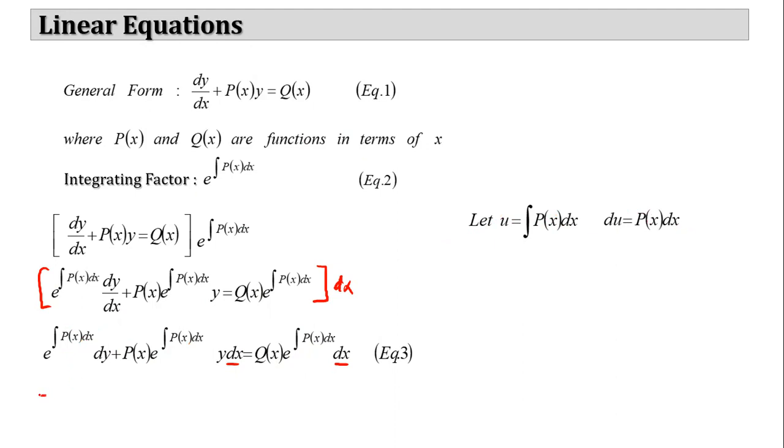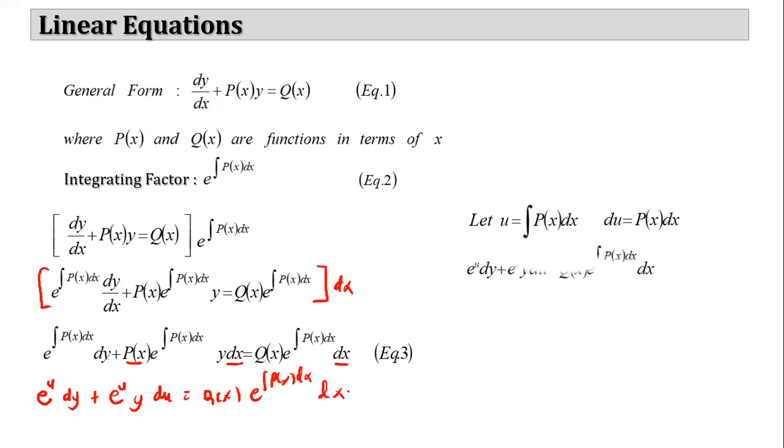So you shall have e raised to u, and then you simply affix dy plus e to the u, then y, and then p of x dx is represented by du, equals q of x, then e raised to the integral of p of x dx, and then copy dx.